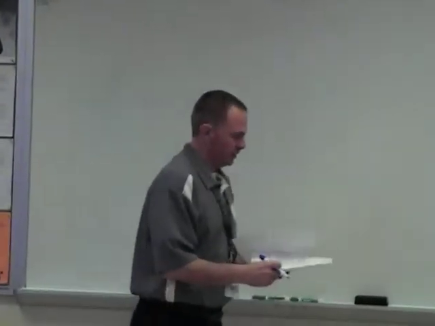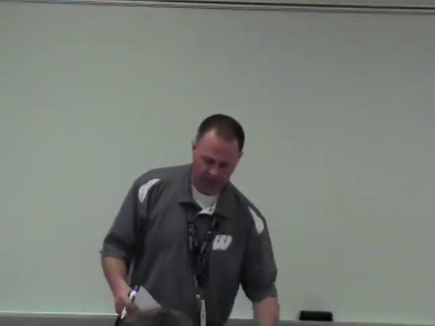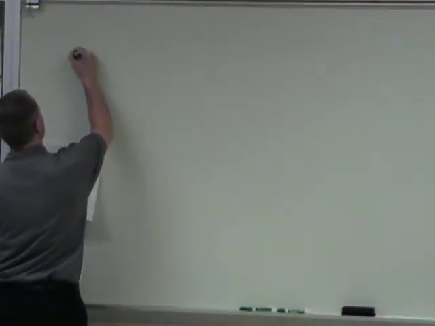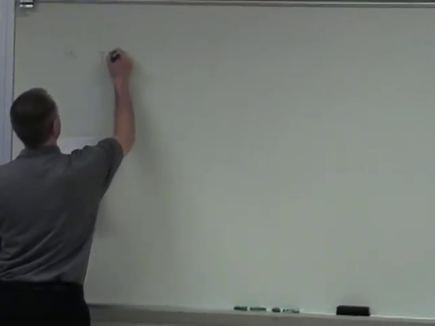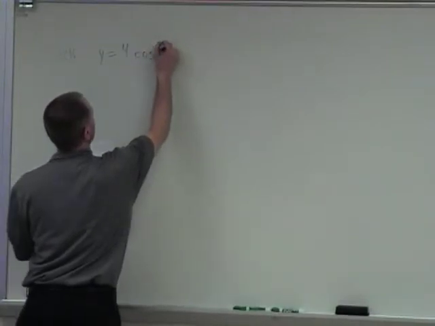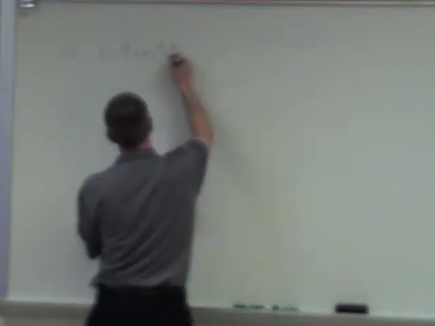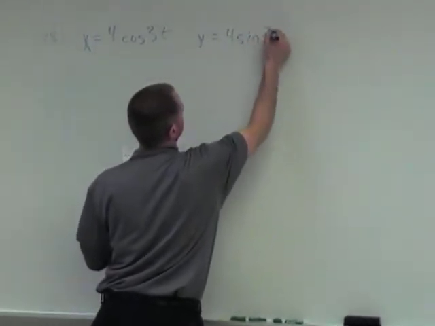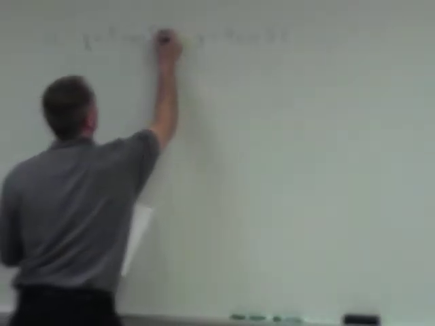This 28 is a continuation of the same type of stuff you did last night with a little bit of extra. x equals 4 cosine of 3t, y equals 4 sine of 3t. All right.